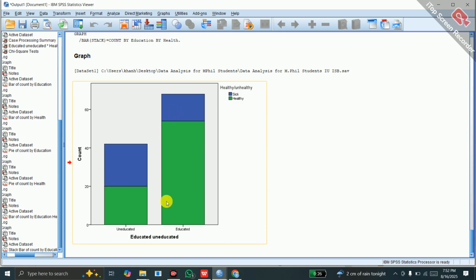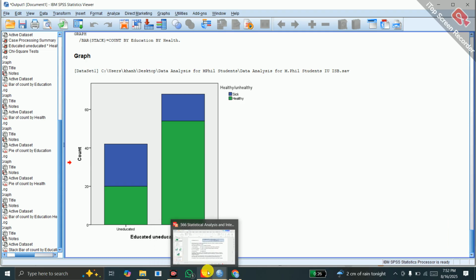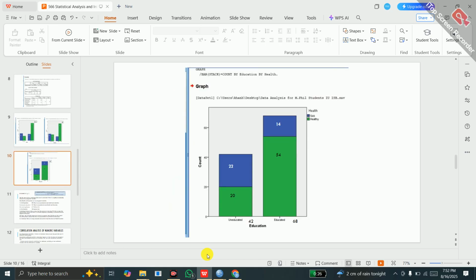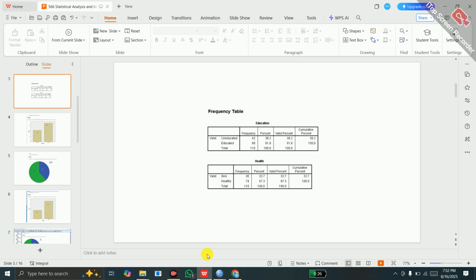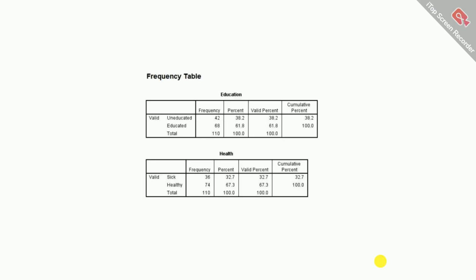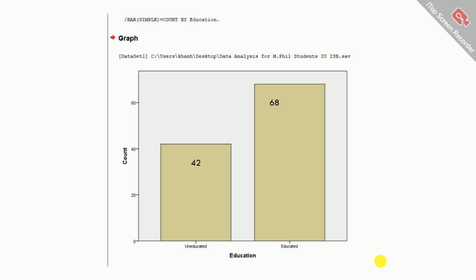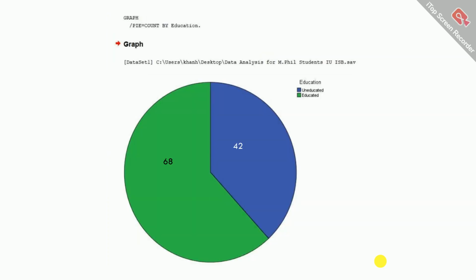After that, I would also like to show some other data analysis of this. In this, I have already done this. So this is the frequency table that I made for you, and this is the cross tab or contingency table of education as well as health. Then this is the bar graph for education. This is the pie chart for education, educated and uneducated.